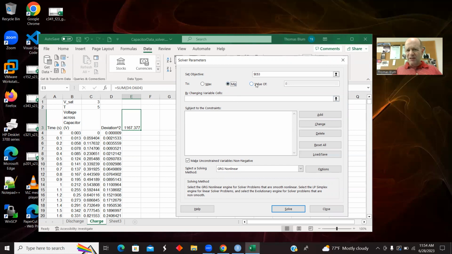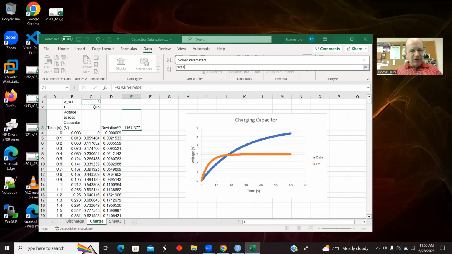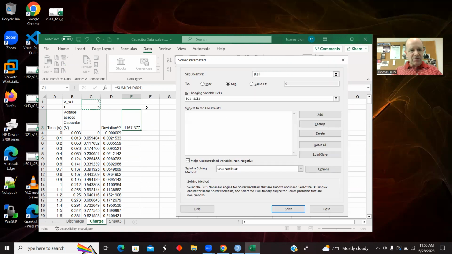I could also possibly say, since I know by design it was a positive quantity, I could say I want it to have a value of 0, but I'll go with minimum. And then what things am I willing to change for that to happen? My two fitting parameters, the saturation voltage and the time constant.